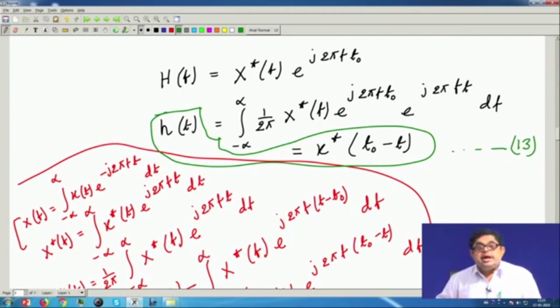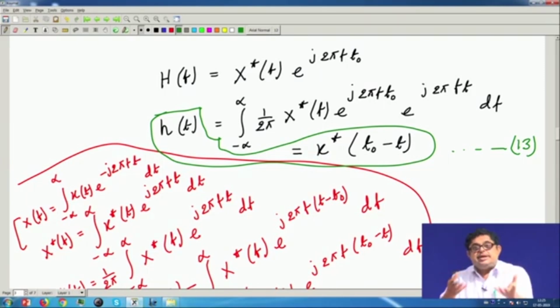So, this equation tells us that h(t) is matched to x(t). That is why the name match filter. So, that means this filter is not a fixed thing. If you change the signal waveform, the transmitted signal waveform, the filter impulse response will also change.